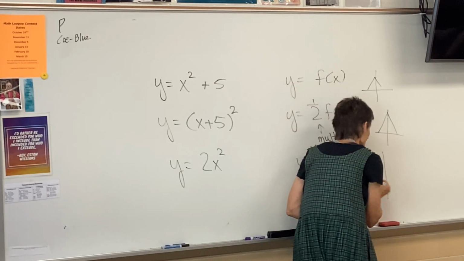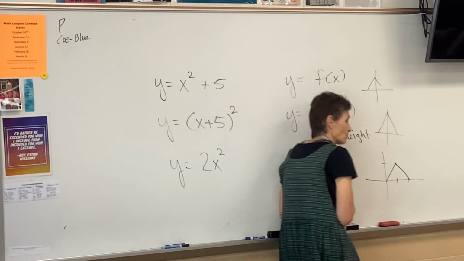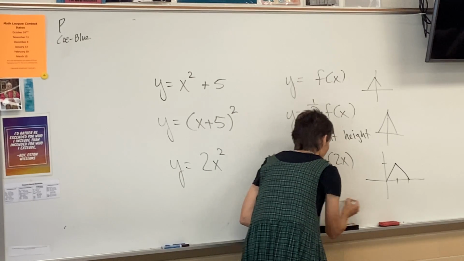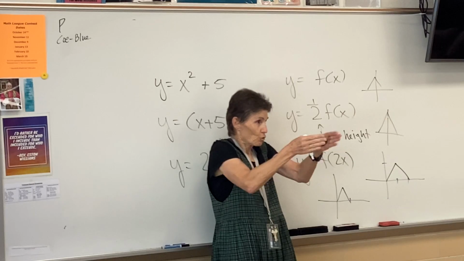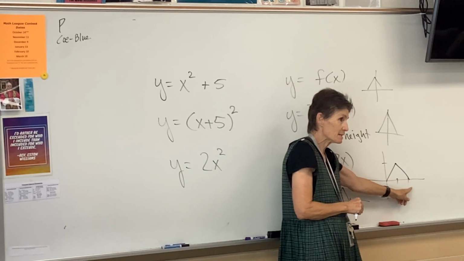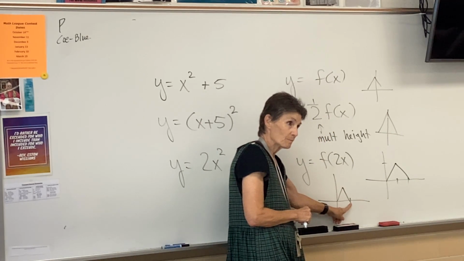If the original picture was a really simple picture like this, then this would be half as wide. So instead of being at 2, 0, you would be at 1, 0.